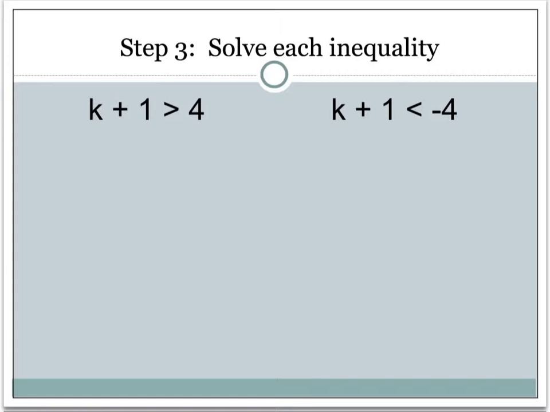In step 3, you just solve these inequalities like any normal inequality. Let's take a look at the first one. To get k by itself, using inverse operations, we get k is greater than 3. Using inverse operations on the second inequality, we get k is less than -5.